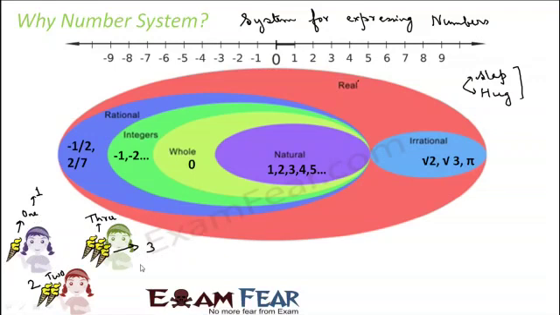We'll see various other types of representation like -1, -2, or 1 by 2, 3 by 2, or pi, that is 3.14. It goes on, right? So there are so many different types of numbers and they have to be represented. Number system is used to represent those numbers.